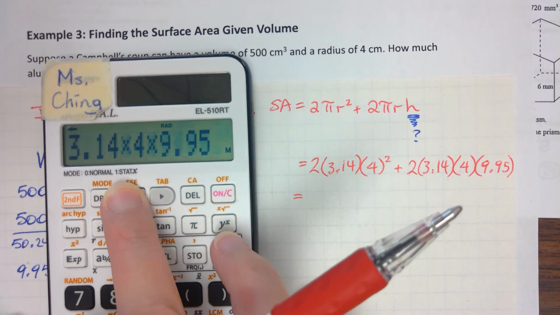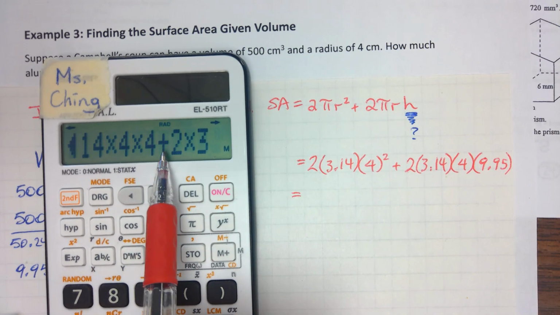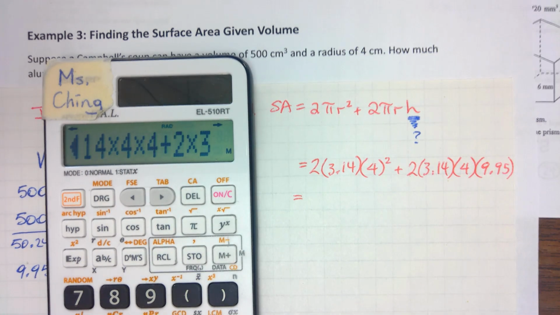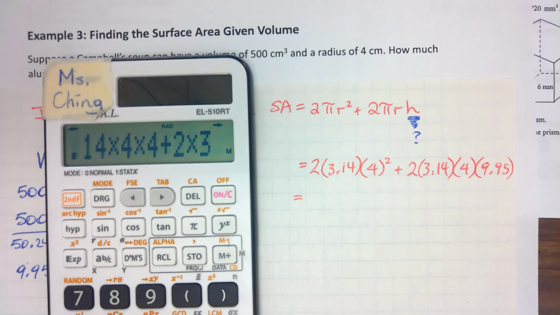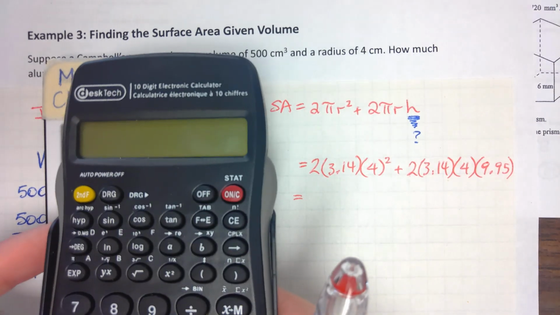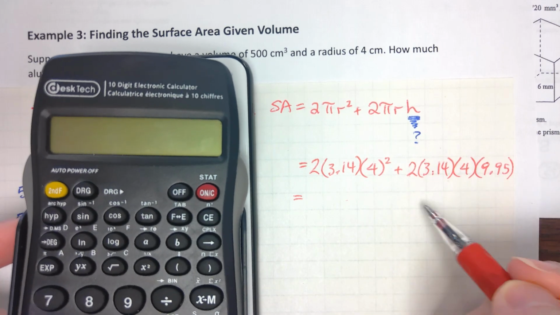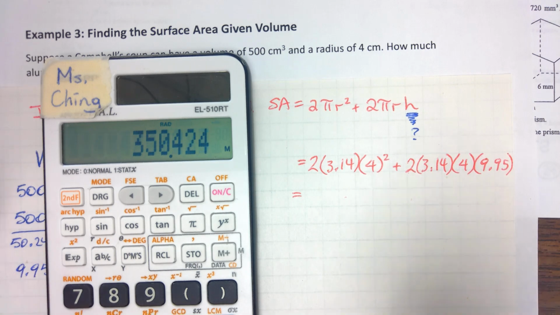Because when you type it out, your calculator will know to do the order of operations itself. But if your calculator doesn't show you what you type, like this type of calculator, then you would have to do this part first, write down the answer, this part, write down the answer, and then add it together. All right, so know your calculator.